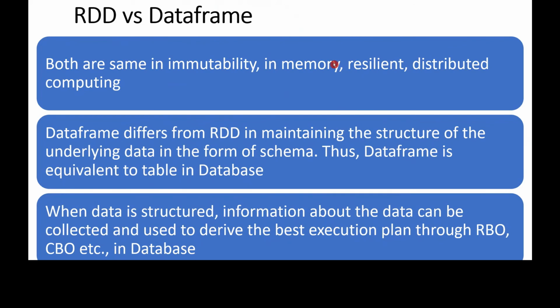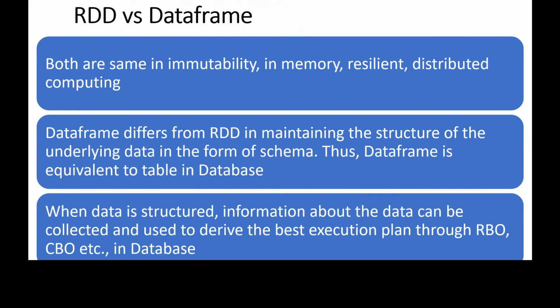And where is the difference? Data frame differs from RDD only in maintaining the structure of the underlying data, which means the data frame contains a schema, which is missing for RDD. When we have a schema for a data set, that is equivalent to one table in a database. When we have a table in a database, performance optimization can be applied using the optimizers. It could be a rule-based optimizer or a cost-based optimizer.